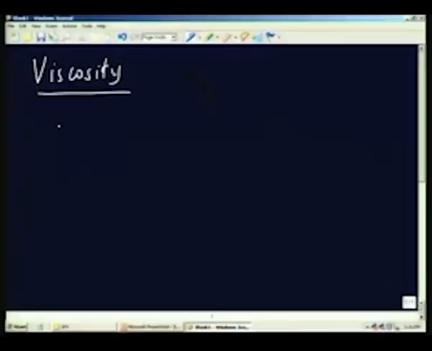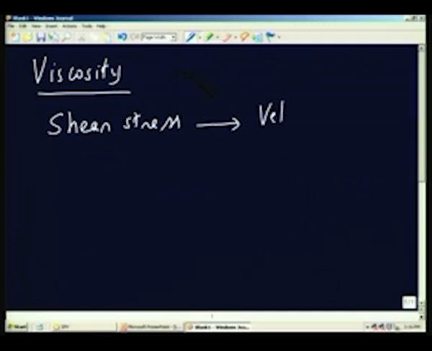In the case of viscosity, because of a velocity gradient, there is a shear stress which is going to be generated in the fluid. So shear stress is the result, and the shear stress is due to a velocity gradient.